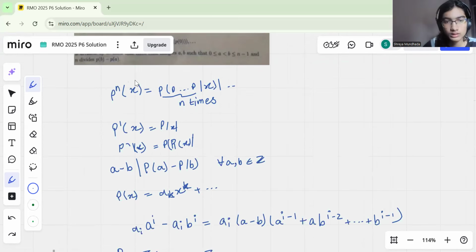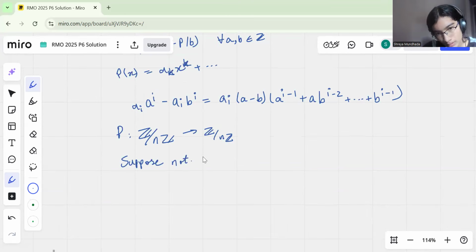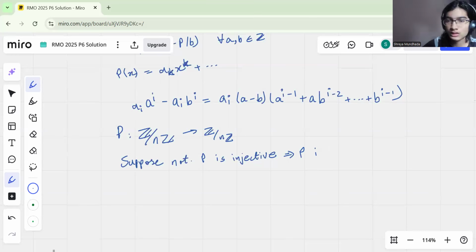So suppose not. Then essentially this means that p is injective. And since it's from this set to itself, it also means that p is a bijection. But we don't really need that.